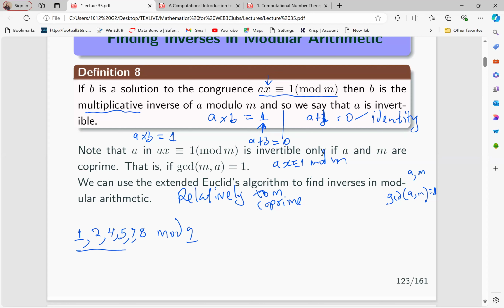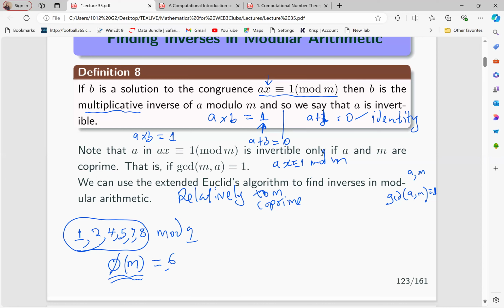So these elements would have inverses. In fact, how many are they? They are Euler phi of M. We have defined what Euler phi of M is: the elements less than M and relatively prime to M. So how many are they? 1, 2, 3, 4, 5, 6.